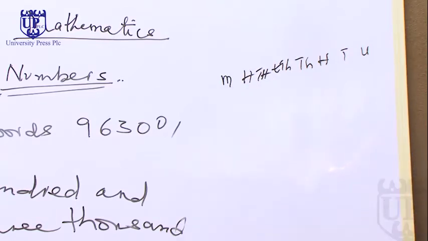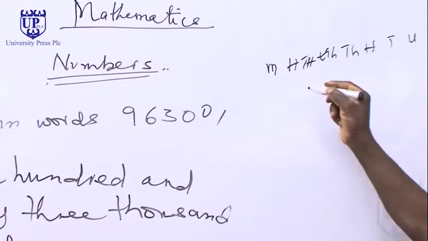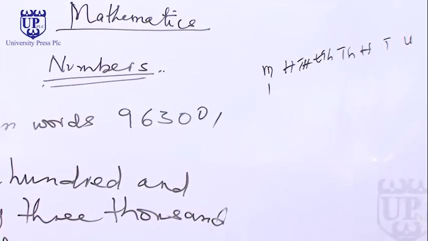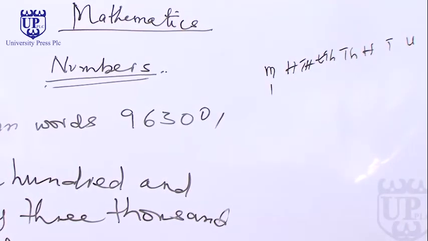Then you go back to the question. 1,000,000. Then 302,000.